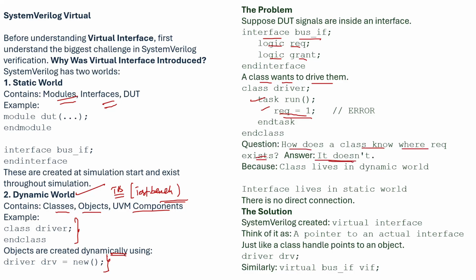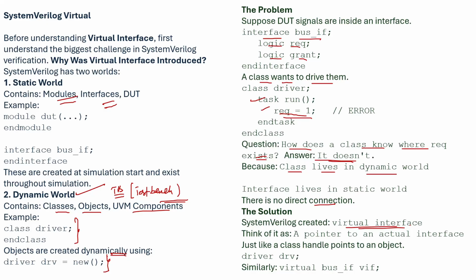It doesn't know, because the class lives in a dynamic world and an interface lives in a static world. So the problem is there is no direct connection. To avoid that problem, we are using this virtual interface. SystemVerilog created that virtual interface. Think of a virtual interface as a pointer.